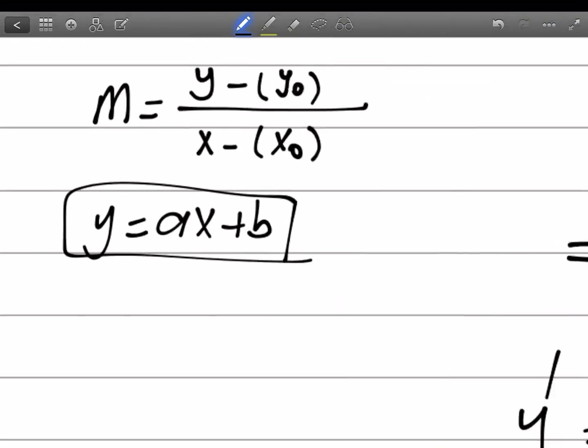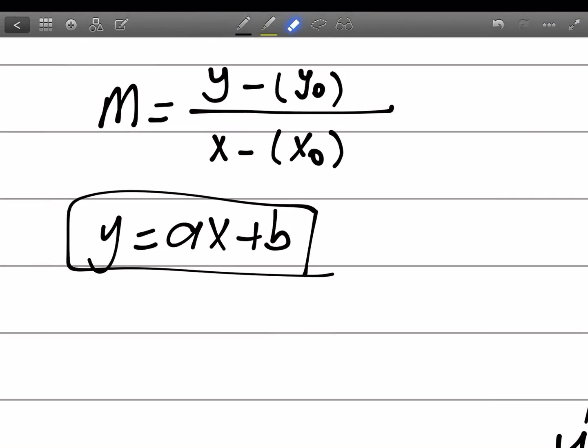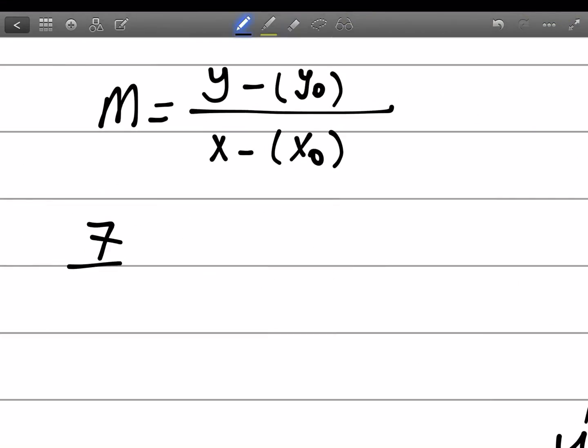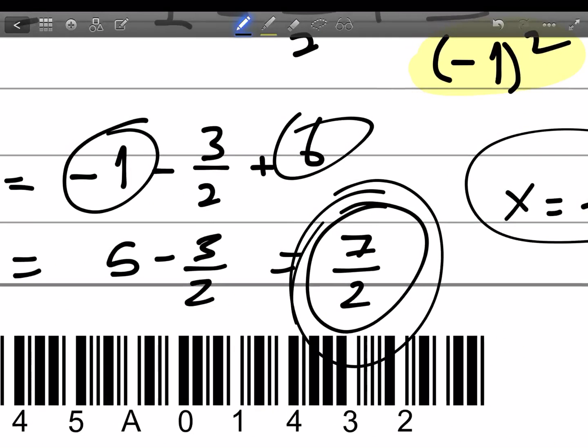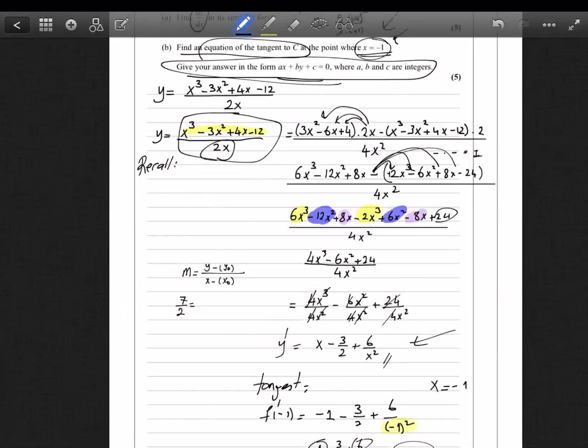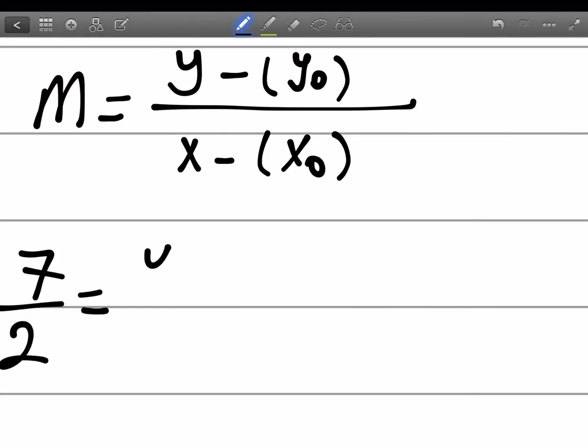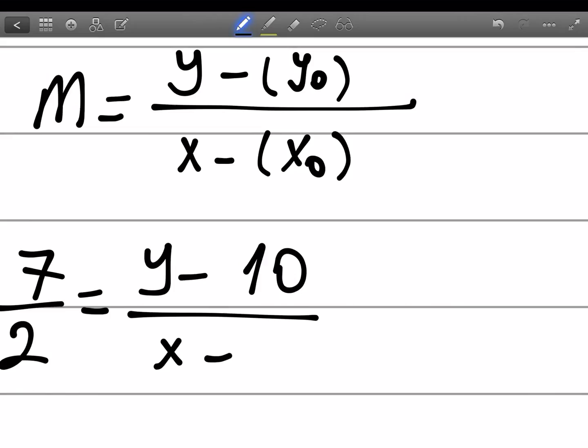We can write the equation with 7 over 2 as the tangent, and the points are 10 over x minus -1.